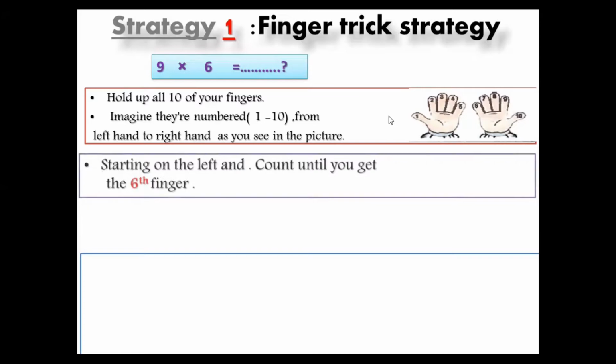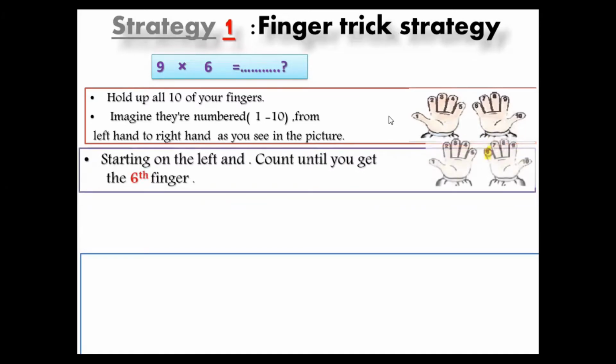Step number 2, you start on the left hand and count until you get the sixth finger, because here we multiply 6 by 9.